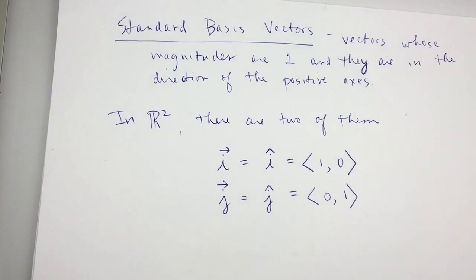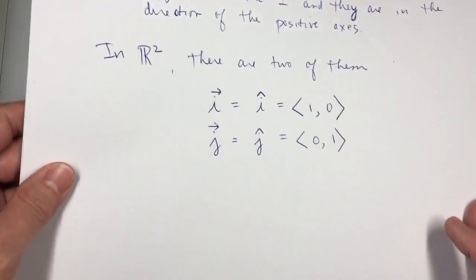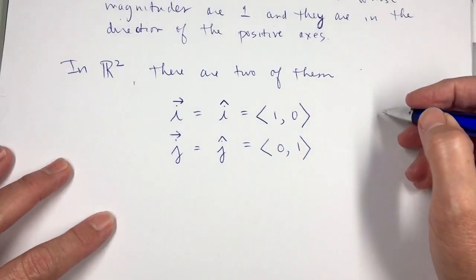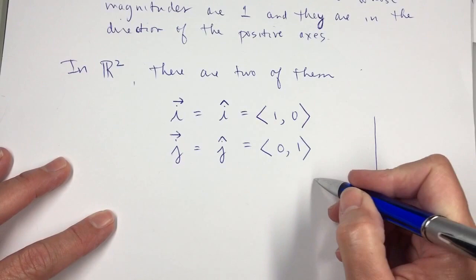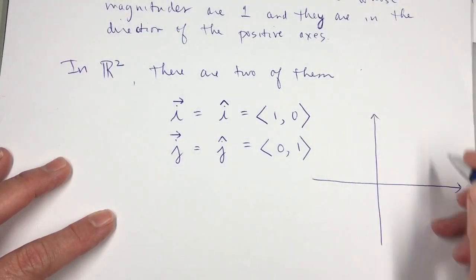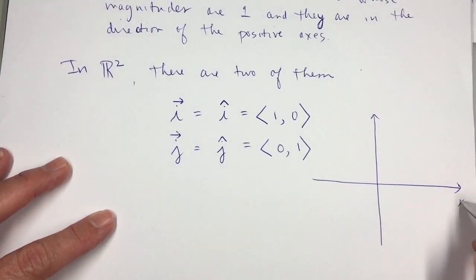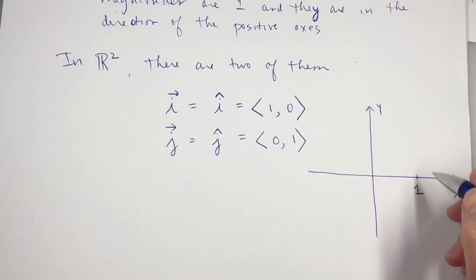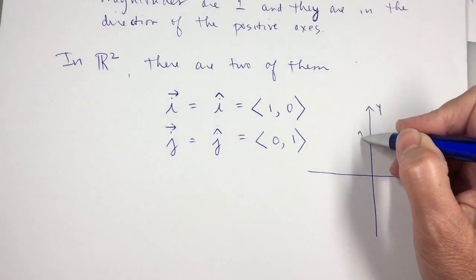And most of the time, I don't dot the i and the j because it gets too cluttered. I did write it there, and I don't know if there's any protocol on that, but most of the time I don't dot them. All right, if I sketch these, here's my xy, and I'm going to put 1 kind of far out.